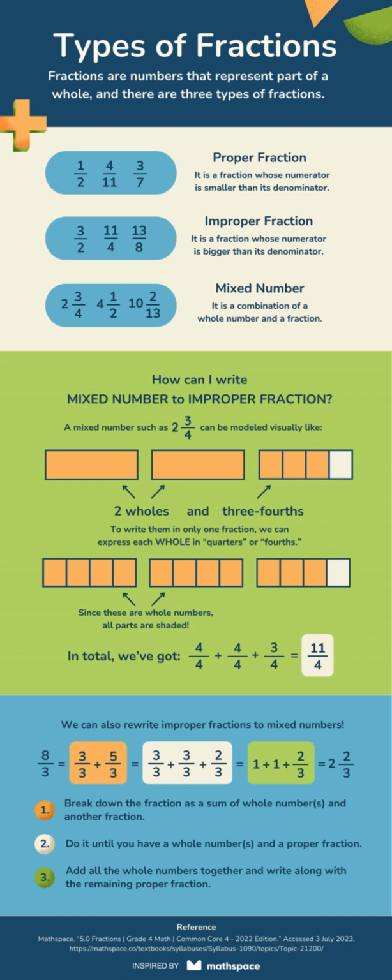So we can get a 3 over 3 and another 3 over 3. As graphically shown, we first take out the first 3 over 3, and then we realize that we're still left with 5/3.